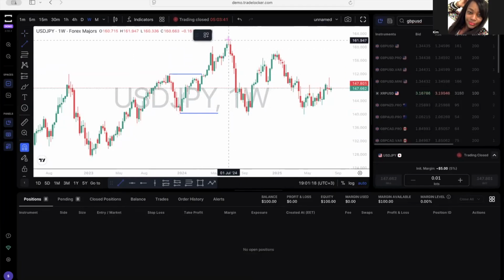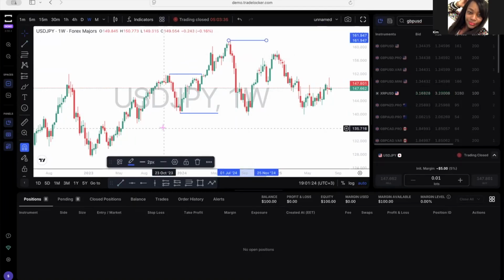I'm gonna just use this here for an example, right? That is the swing high. When I say trade the edges, I mean you trade from your swing high or you trade from your swing low. You don't trade the middle. Do not trade the middle.